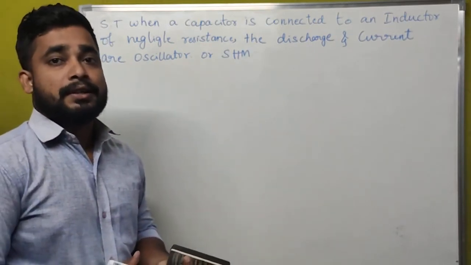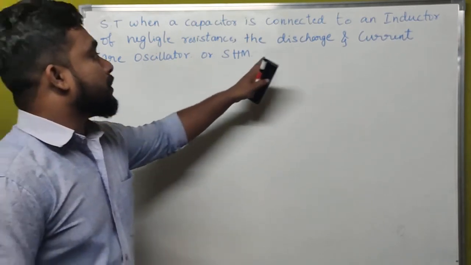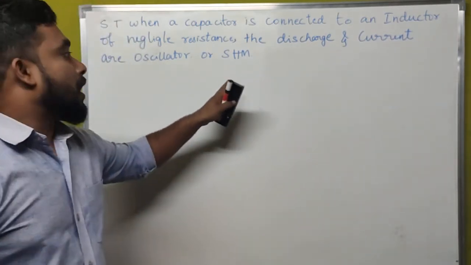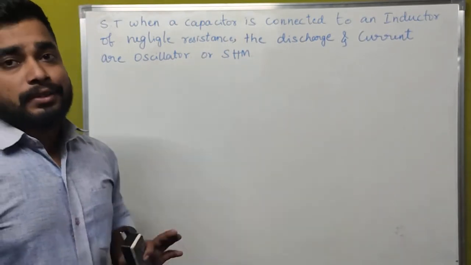SHM means simple harmonic motion. We have to show that both discharge and current are oscillatory and SHM in this derivation.